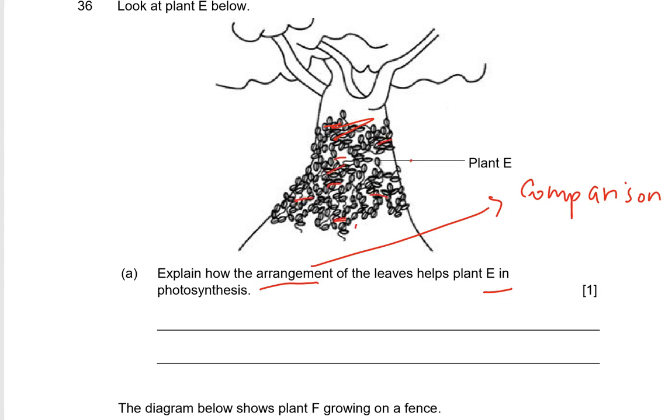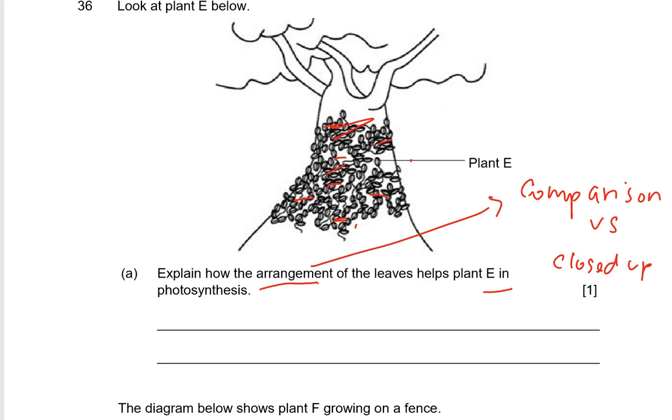Versus another type of arrangement is they could be all closed up together. So even though this question didn't explicitly compare the spreading out and the closed up, they're asking you why this particular arrangement is better. Okay, so it is still a comparison question.